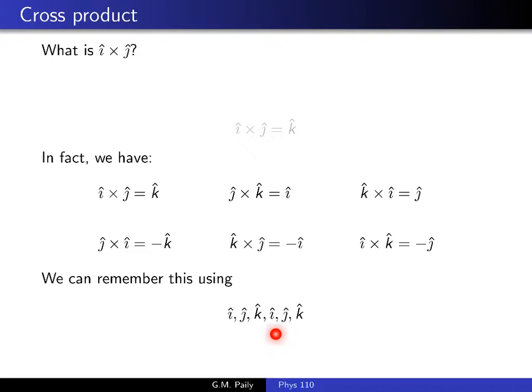So j cross i is minus k, i cross k is minus j, and k cross j is minus i. Also, by noting that we never see two i's together or two j's together here, we can say that i cross i is 0, j cross j is 0, and k cross k is 0. Remember though, this trick only works for the cross product.